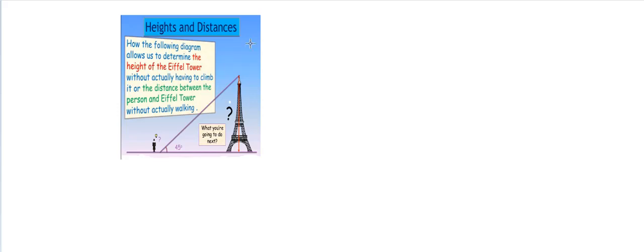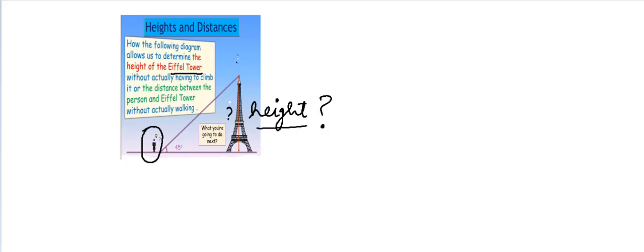Now let us take an example, and it will be an interesting one. If you want to calculate height and distance, everyone knows the Eiffel Tower. See, this is the Eiffel Tower, and here you are standing somewhere. You don't know what the height is, and you don't know what the distance is.